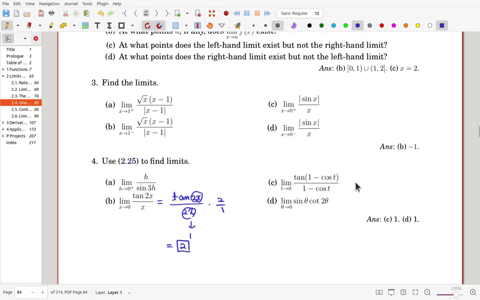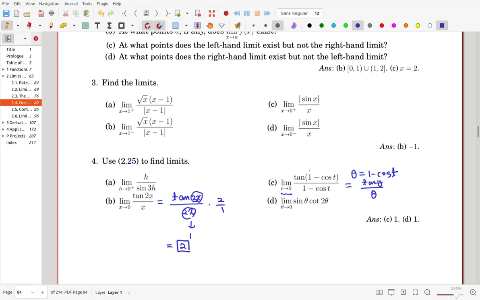Now for this problem, you may consider theta equal to 1 minus cosine t. Then this term can be written as tangent theta divided by theta, the same thing, 1 minus cosine t. As t approaches 0, cosine t approaches 1, so theta approaches 0.